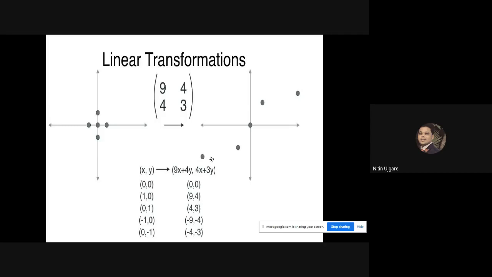Then you can have -1, 0, which may be here, and then you can have this -4, -3, something here, right? So all the points have been transformed to this new hyperplane using this covariance matrix.